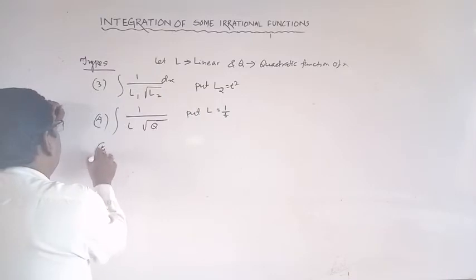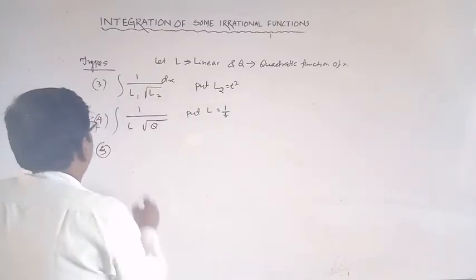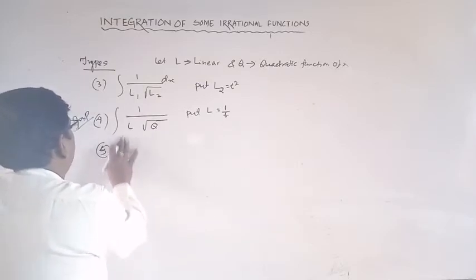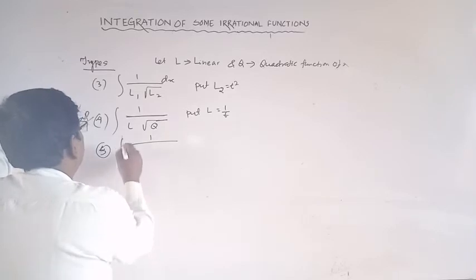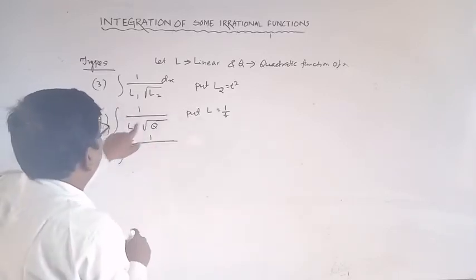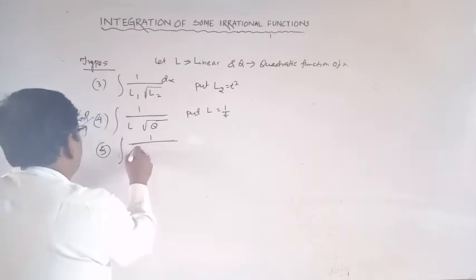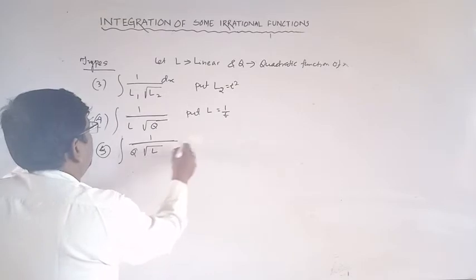Type 5. This is very important for long questions. Type 4, and integration of 1 by, suppose this is in the form of linear, quadratic, linear. Okay, quadratic linear.